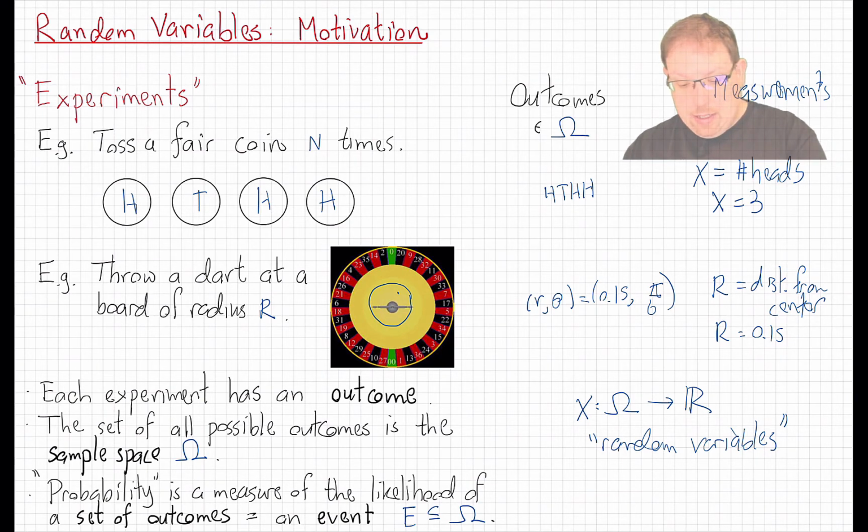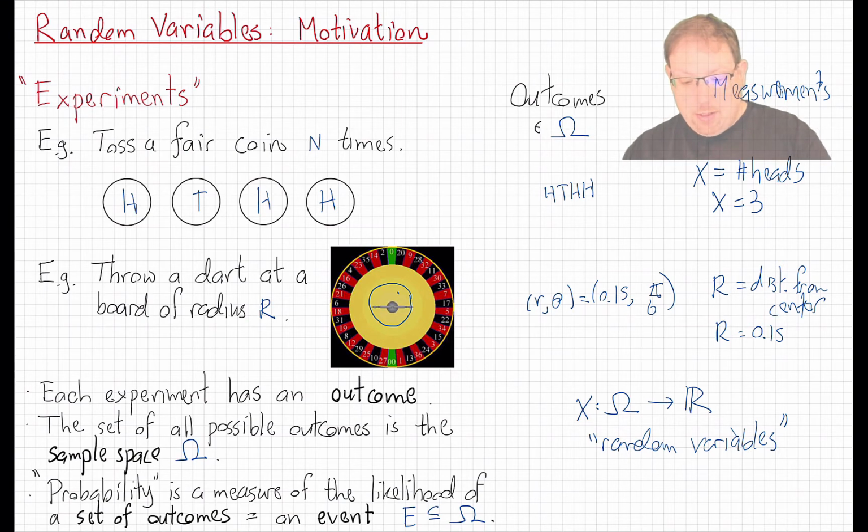Now, in the discrete example of tossing a coin, x equals 3 is something that we know is going to have positive probability. But in the dartboard example, the chance of landing exactly 0.15 units away from the center, precisely with no room for error, is, as you would expect, 0. So we need to be a little more generous about the kinds of measurements we're going to make.